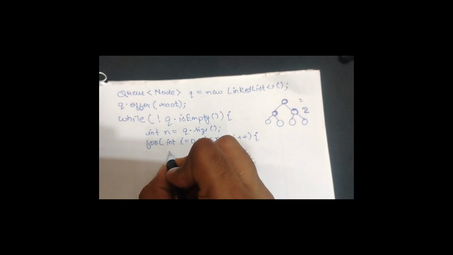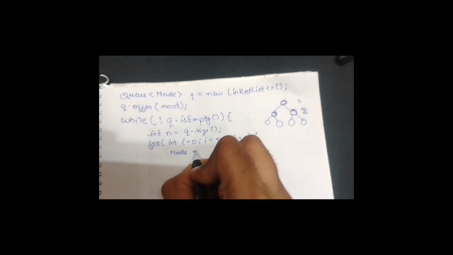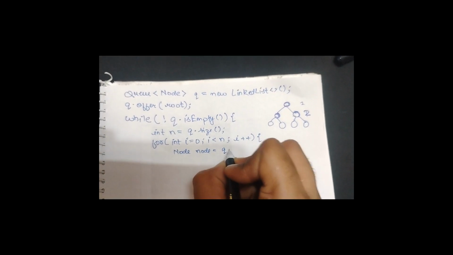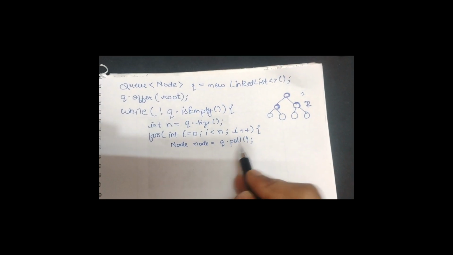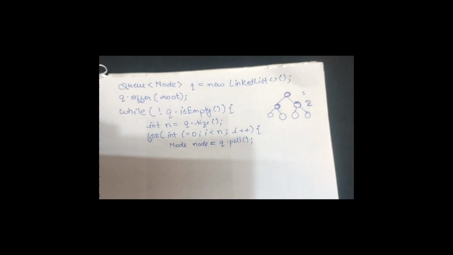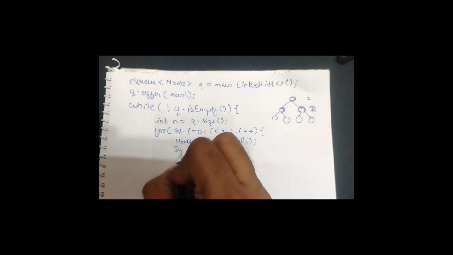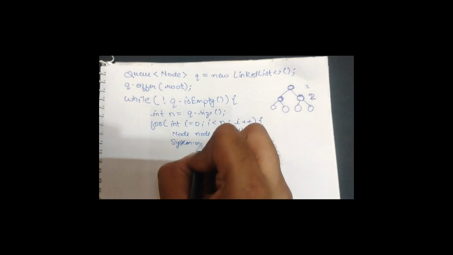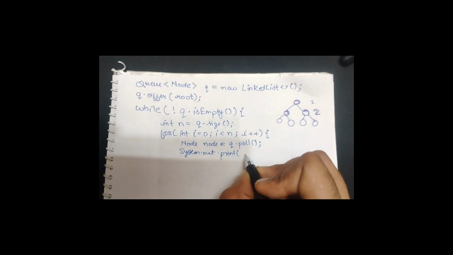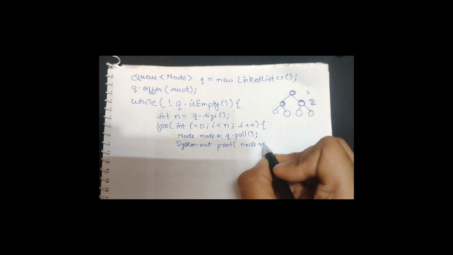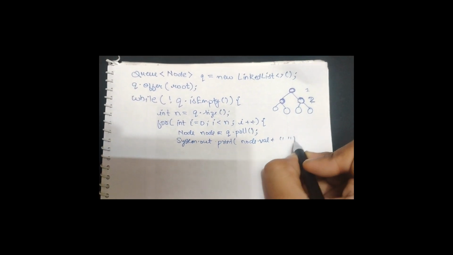Okay, I'll do node queue dot poll. Okay, I popped out. This is the function for popping out of the queue. I popped out, and I know that this particular node is of the previous level, so I'll print it. System dot out dot print node dot val with some empty space.